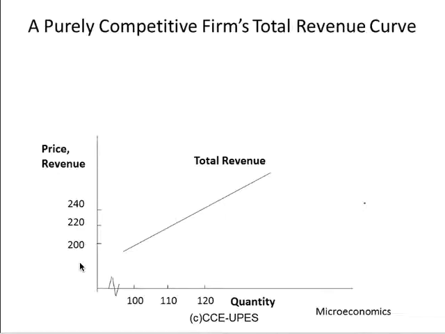We look at the firm's total revenue curve in a competitive market. The more he sells, he is adding revenue in the same proportion as he is selling, because every product, even the marginal product, is sold at the same price.